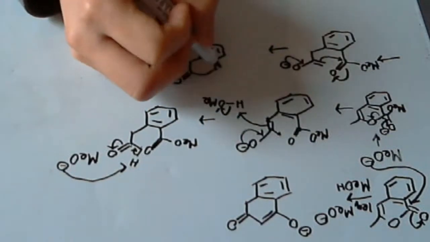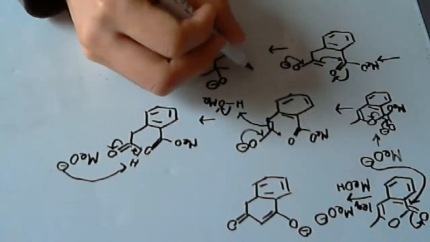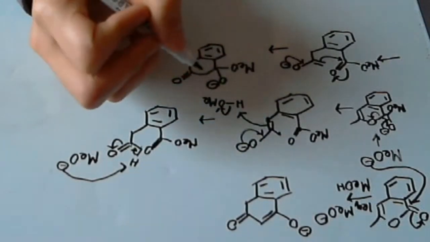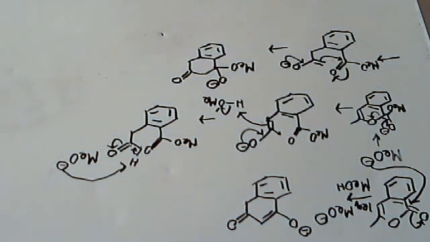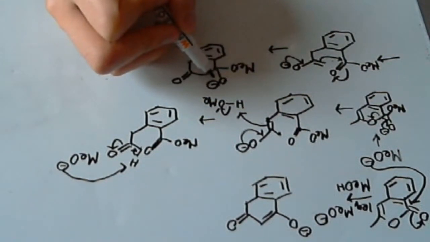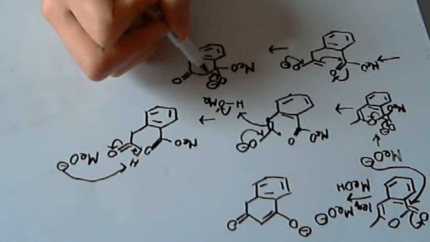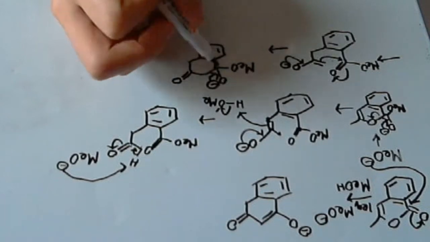We get a tetrahedral intermediate here, and now what will happen? Now that we have this tetrahedral intermediate, we know negative charge comes down. We have 2 carbons here, so those can't get eliminated.